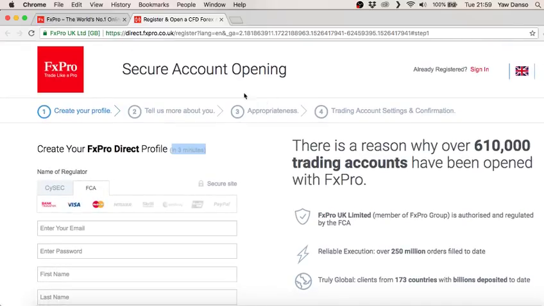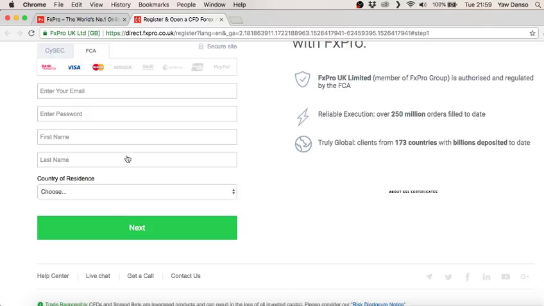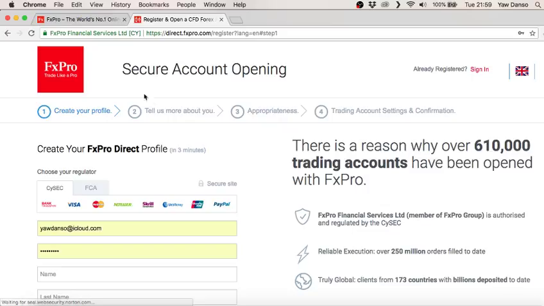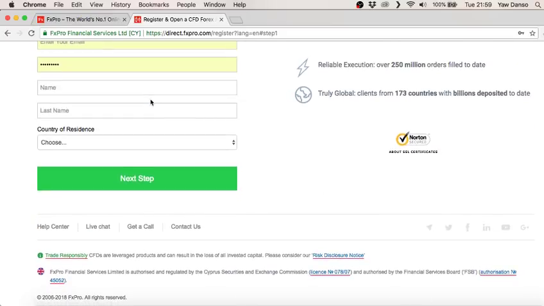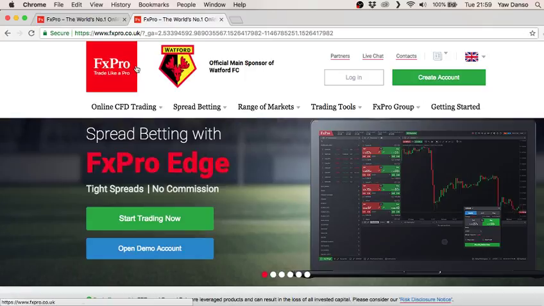You put in your details, and then they will tell you what to do. It's as simple as that. And this is a broker. These are brokers. So FX Pro is a broker.